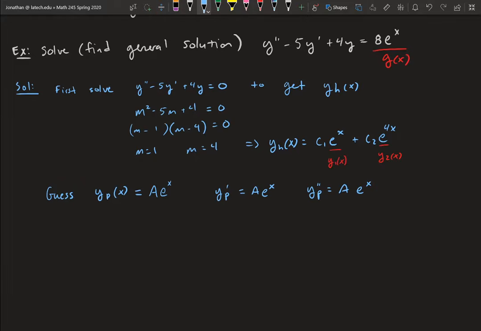Now substitute those into the non-homogeneous equation. We get a e to the x minus 5a e to the x plus 4a e to the x equals 8 e to the x, and solve for a.